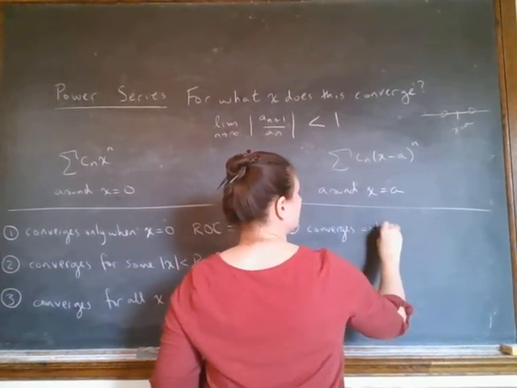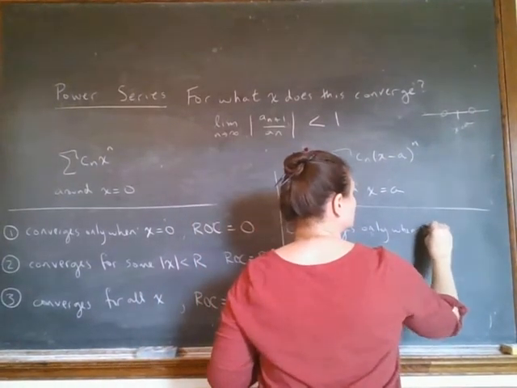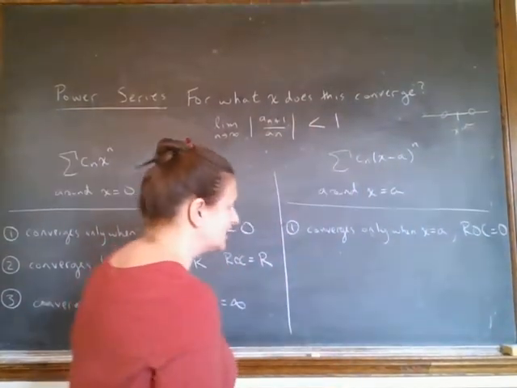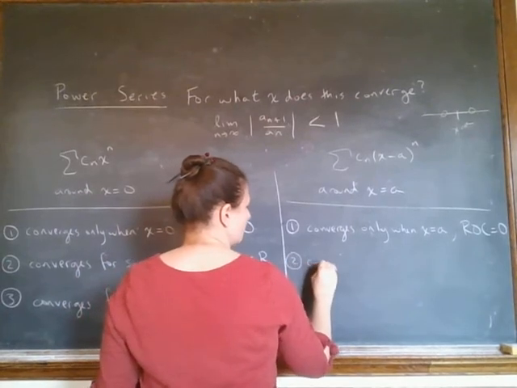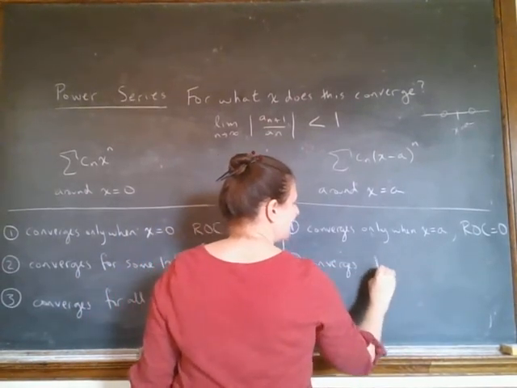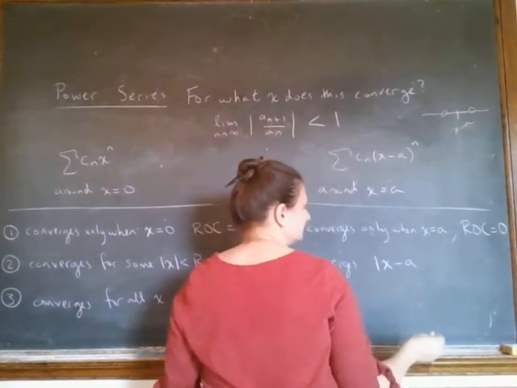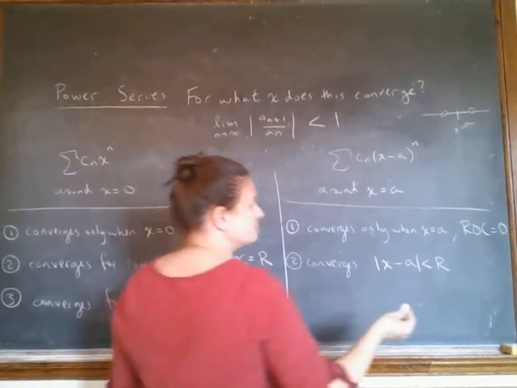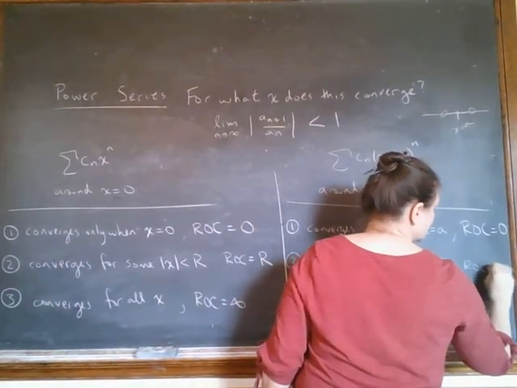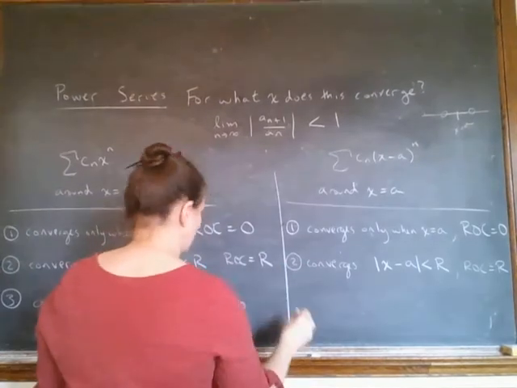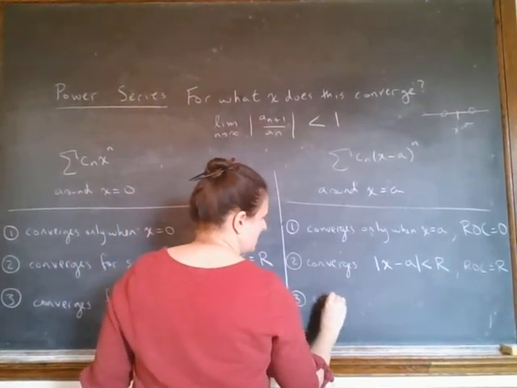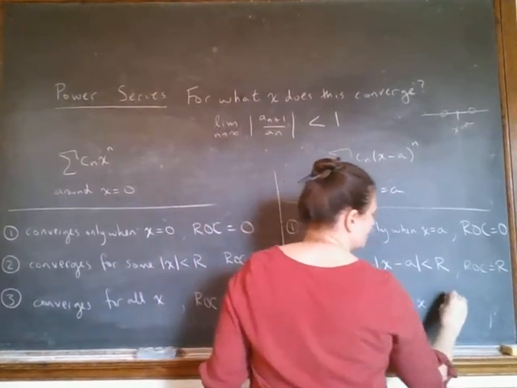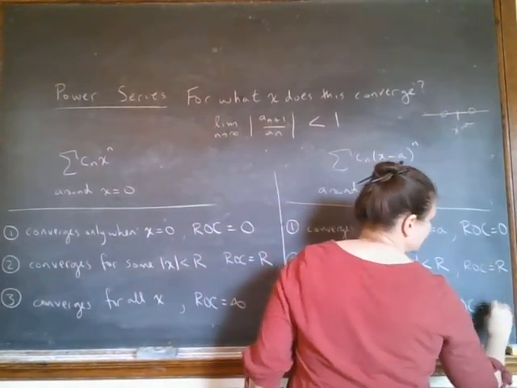It converges only at the center, which is x equals a. Again, we call the radius of convergence 0 there. Then you have absolute value of x minus a less than r, with radius of convergence r. The third possibility is that it converges for all x, and the radius of convergence is infinity.